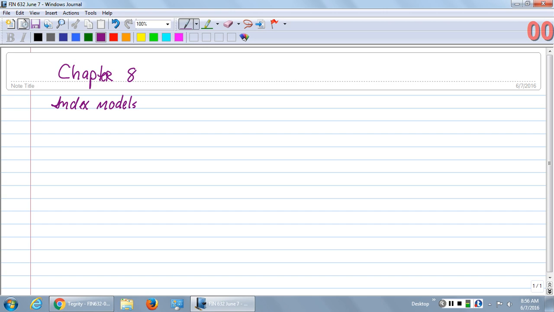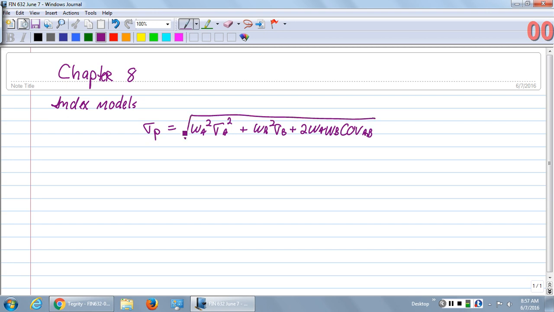I'll show you how. Let me remind you that the standard deviation of a two-asset portfolio looks like this: WA squared sigma A squared plus WB squared sigma B squared plus 2 WA WB covariance of A and B. That's the standard deviation of a two-asset portfolio.